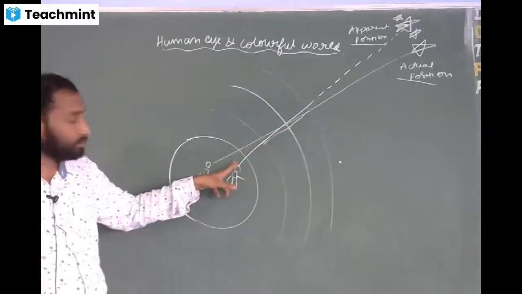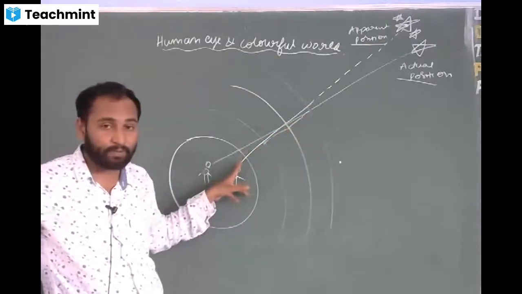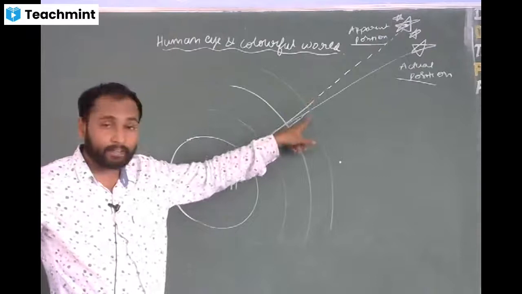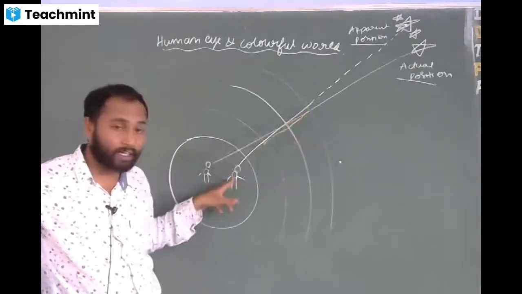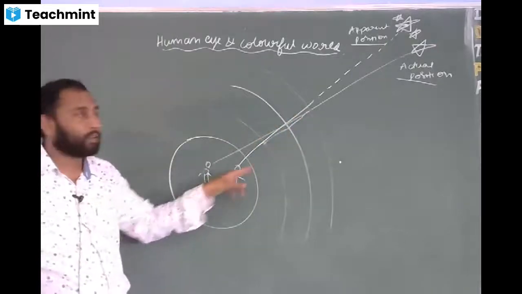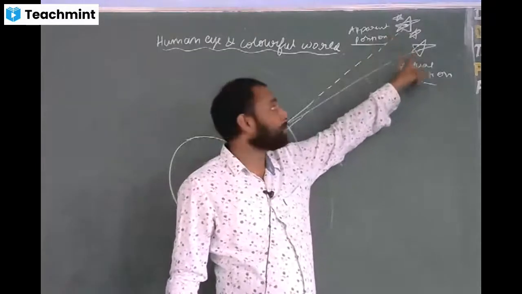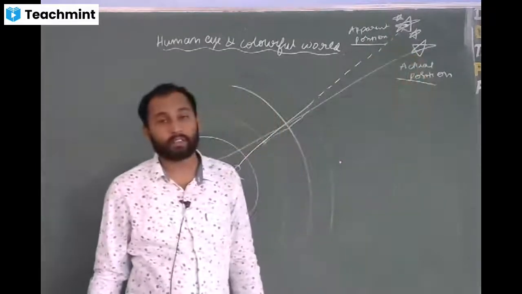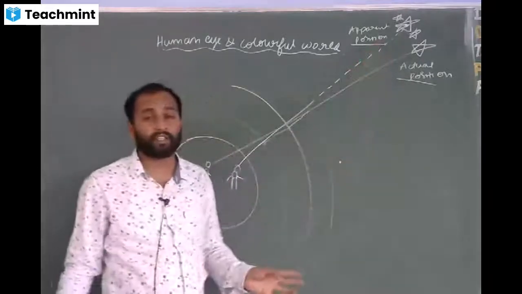Due to the gradually changing refractive index, the starlight bends towards the normal. As it bends towards the normal, the apparent position of the star is slightly above the actual position of the star.